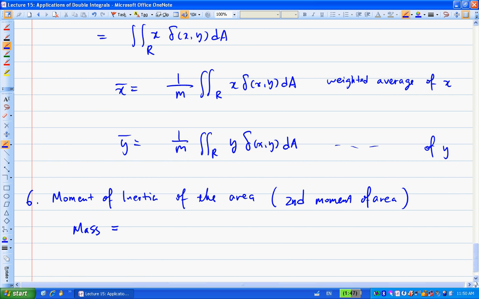The heavier it is, the harder it is. Motion basically means you're trying to push it. So mass essentially means how hard it is to impart a translational motion.